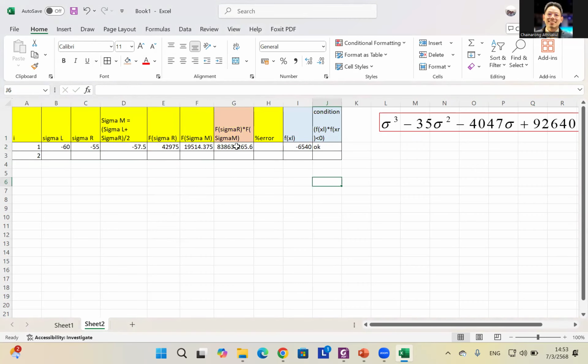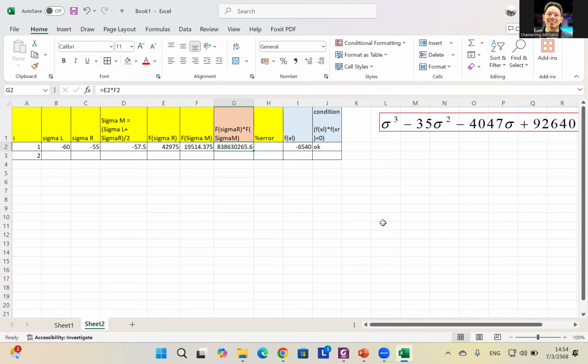If it's positive, what does it mean? It means that xr and xm are on the same side. How can we proceed next? We change xl or xr. Try to think about the picture.